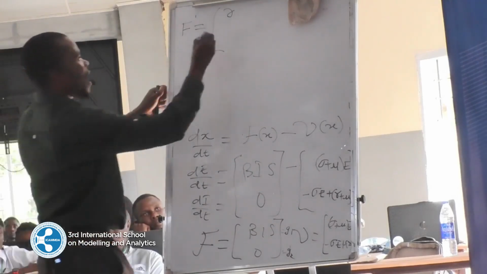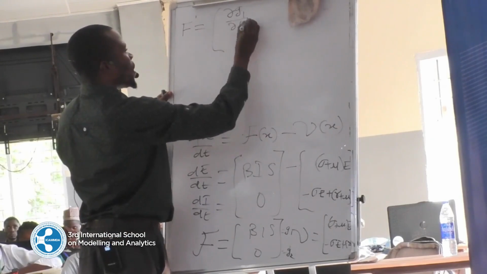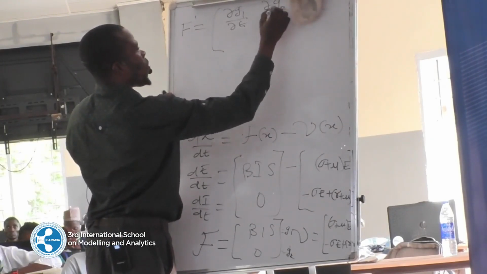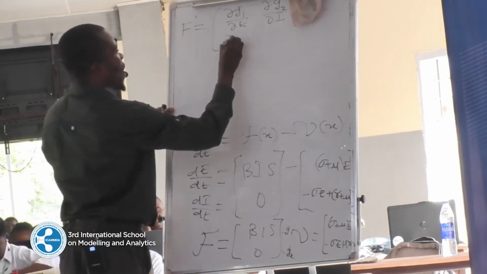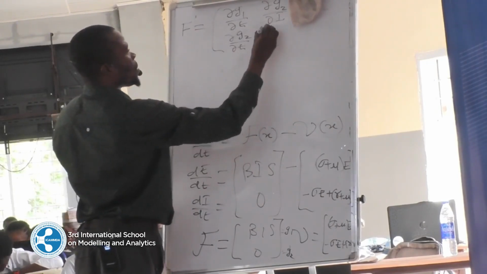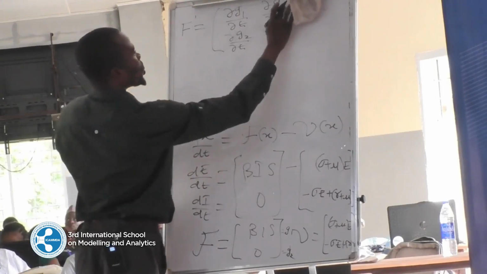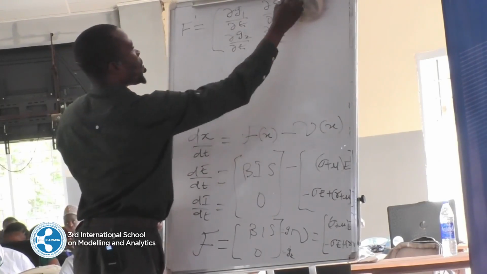I will have the partial derivative of G1 with respect to E and the partial derivative of G1 with respect to I. Then I will have the partial derivative of G2 with respect to E, and the partial derivative of G2 with respect to I.